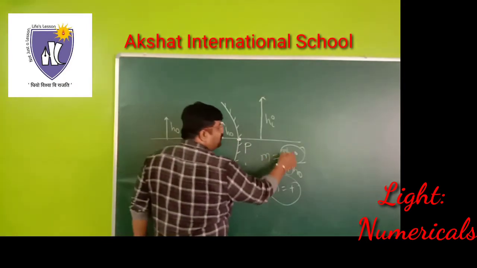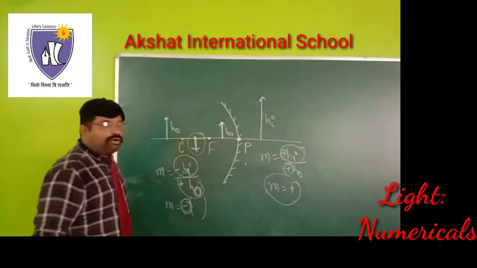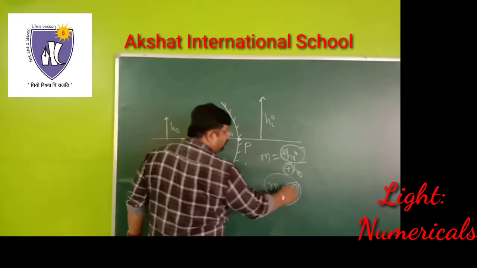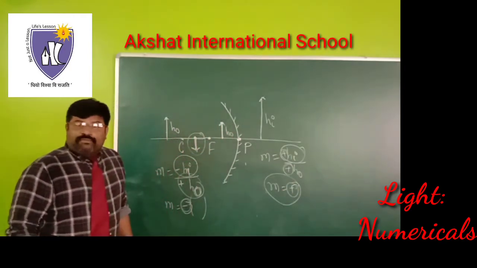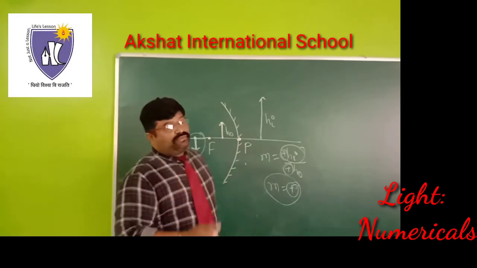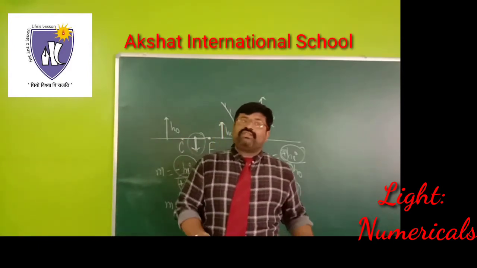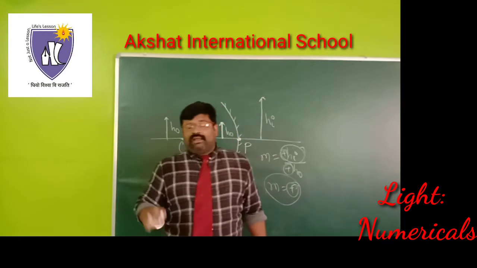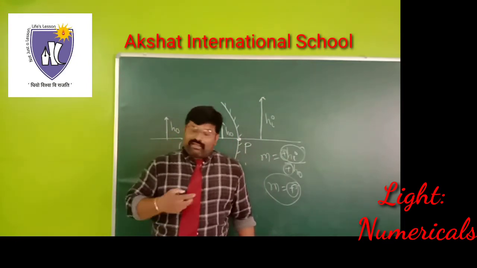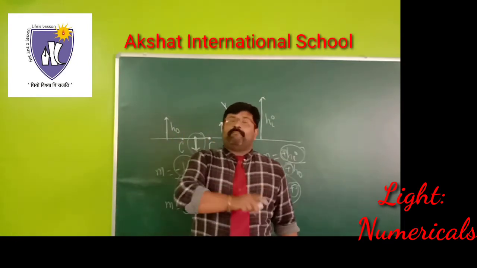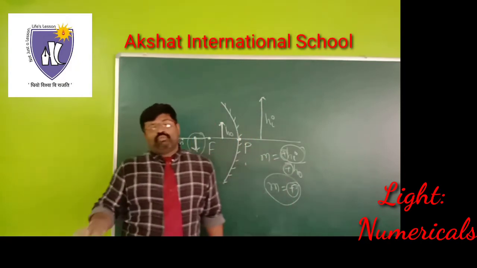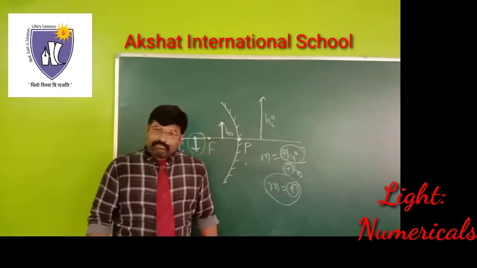Here m is plus hi by plus ho. The overall calculation will be positive. So if m is given negative, then the image will be real and inverted, and if m is given positive, then the image will be virtual and erect.